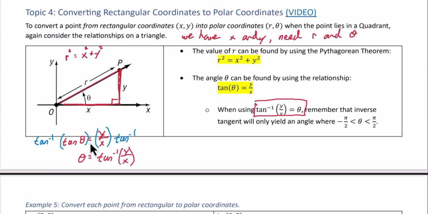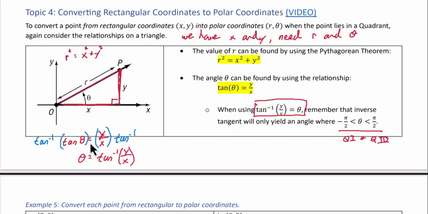Now we do have to be careful. Recall that the range of the arctan function is from negative pi halves to pi halves. So that is basically quadrant 1 and quadrant 4.